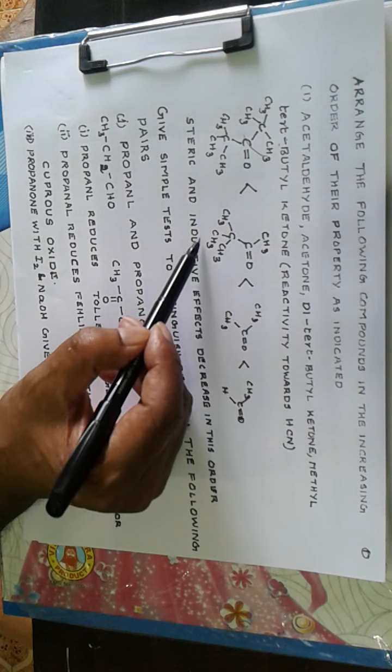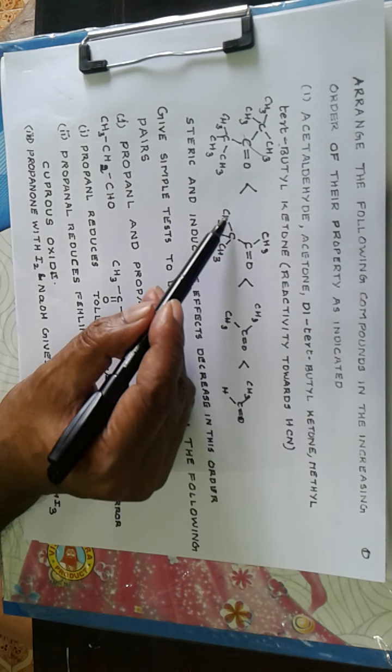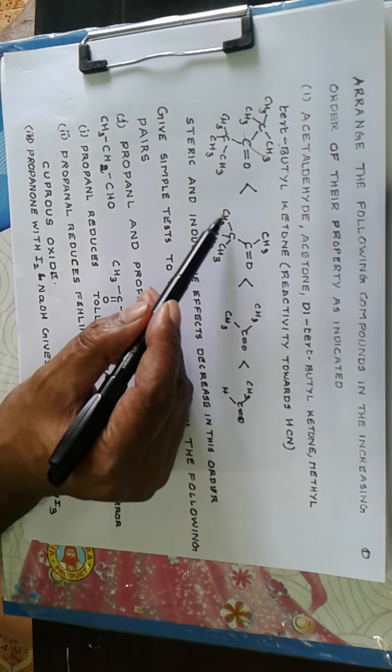So steric inhibition is occurring to a larger extent in the case of di-tertiary butyl ketone.